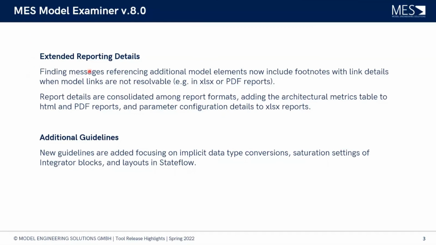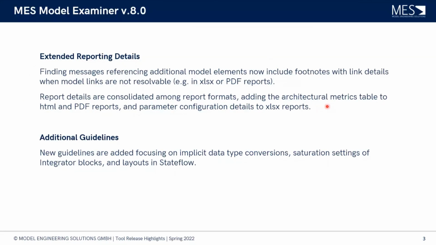One regards references for findings and the links of the findings, and the other one regards additional information on model metrics and architectural metrics. Kai, maybe you can show us a little bit more about the reporting formats and how they look now after they've been extended in content.